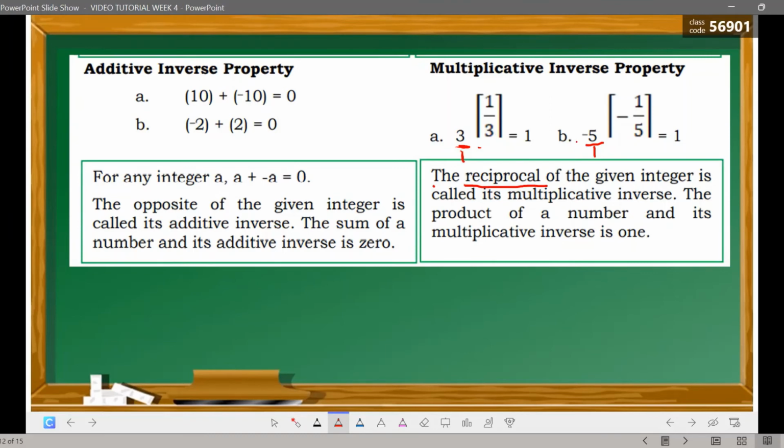Okay. Example letter B. Negative 5 times negative 1/5. Okay? So, kung negative ang whole number, so that means negative din ang kanyang magiging reciprocal. Okay po? Hindi natin babaliktarin din yung sign. Opposite ang tawag doon. Hindi natin kukunin yung opposite sign. I-reciprocal lang natin yung whole number. Okay? So, negative 5. So, again, may invisible 1 yan.